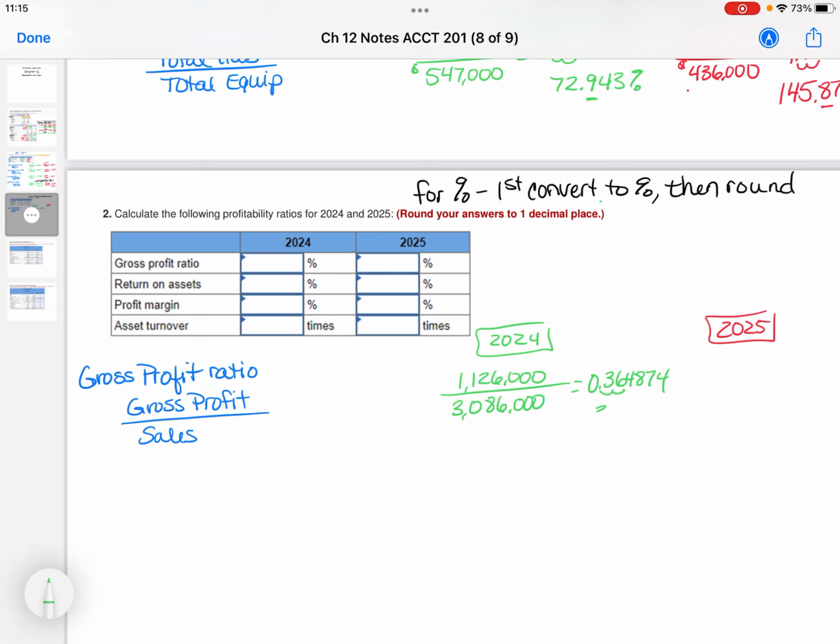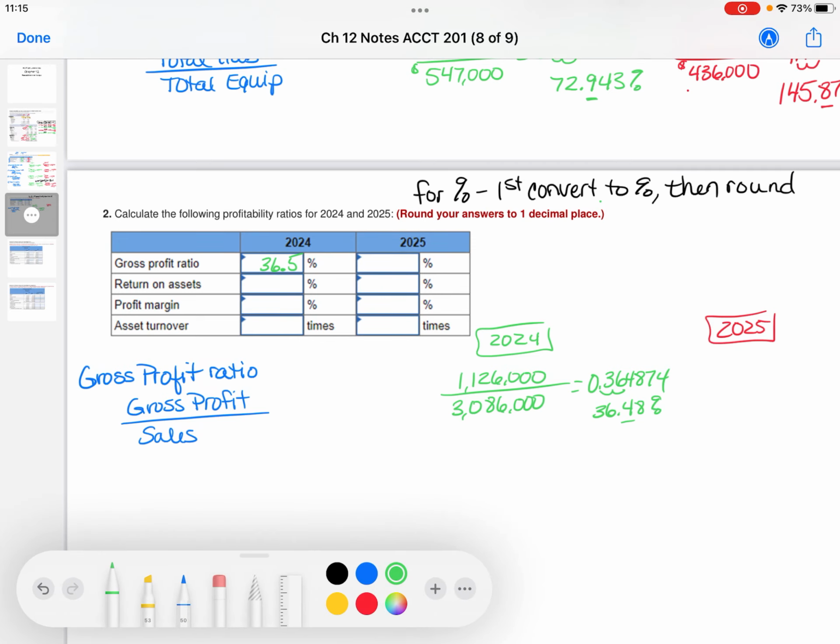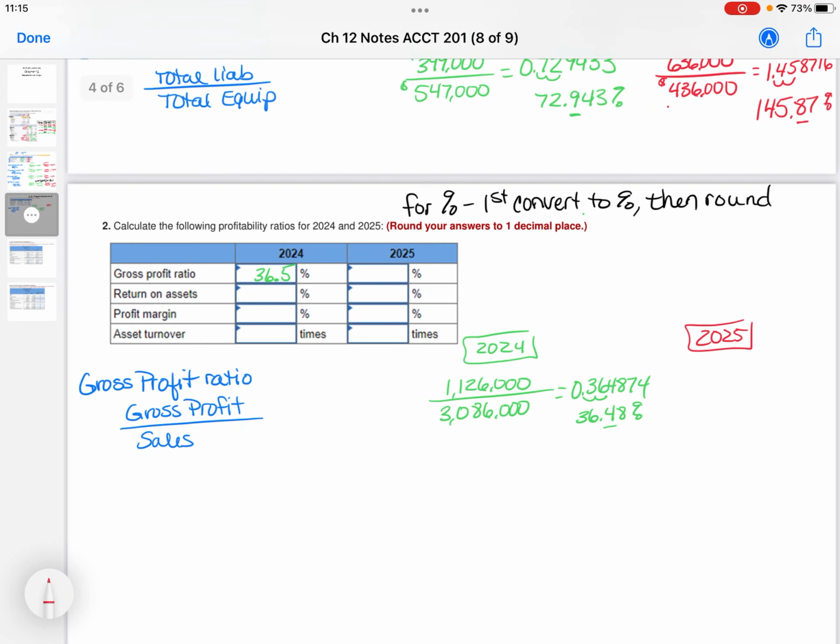So we'll round it, or we'll convert it. Convert it first, and then we'll round it. So I'm looking at 36.5. So for every $1 of sales, I end up with gross profit of 36.5 cents. That's what that means. Okay.